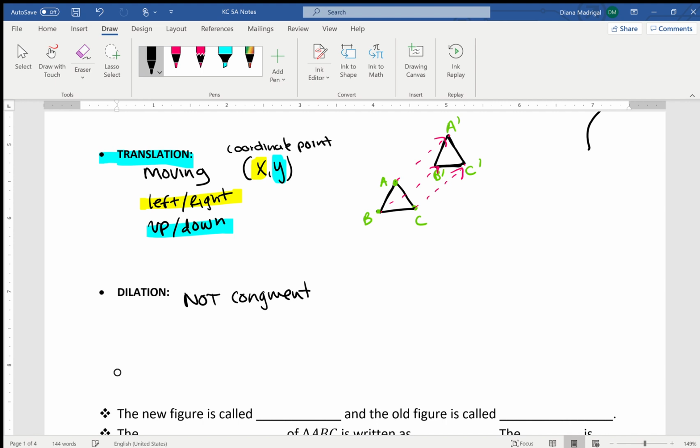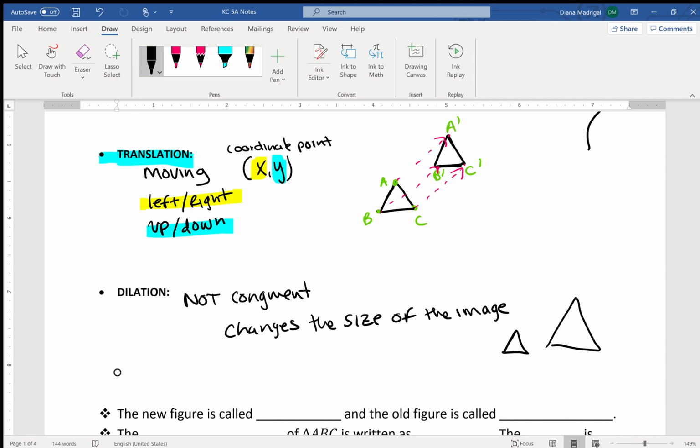Because dilation makes your shapes go small or big. So dilation changes the size of the image. If it's changing the size, then they're not going to be the same. If I have a small triangle here and then now I have a big triangle, they're not the same. Yes, they are triangles, both of them, but they're not the same size.